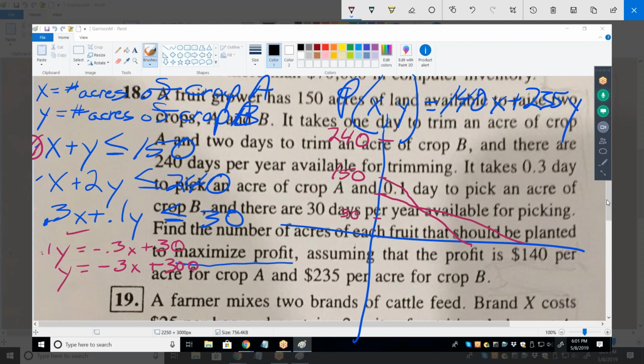So if I go up to the y-intercept at 300, this has a steeper slope, minus 3.